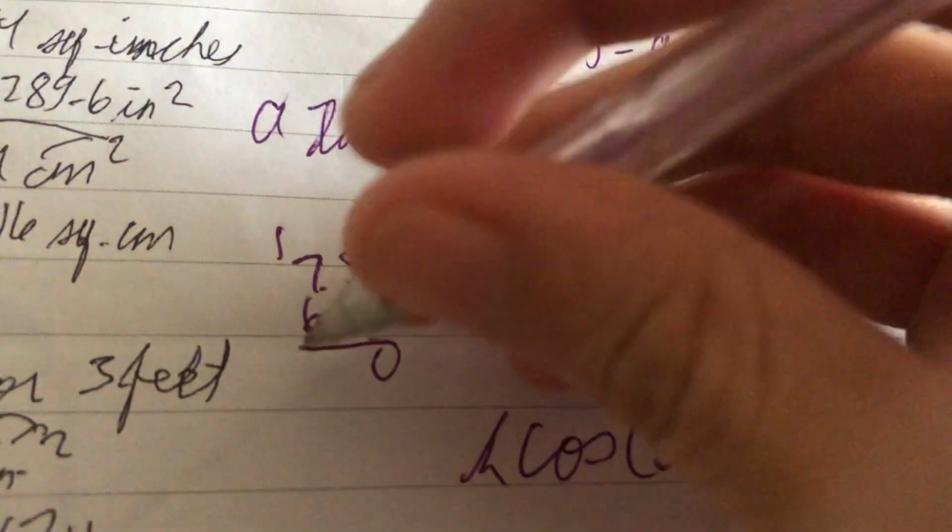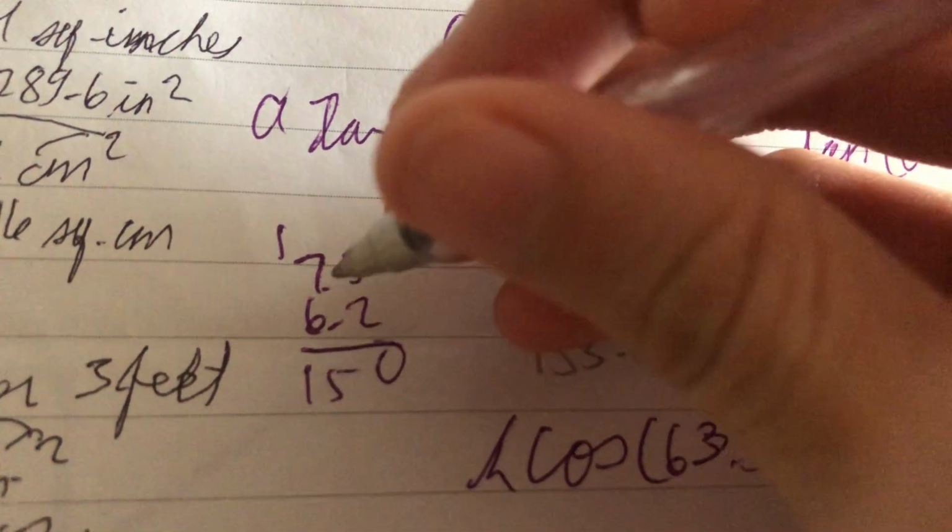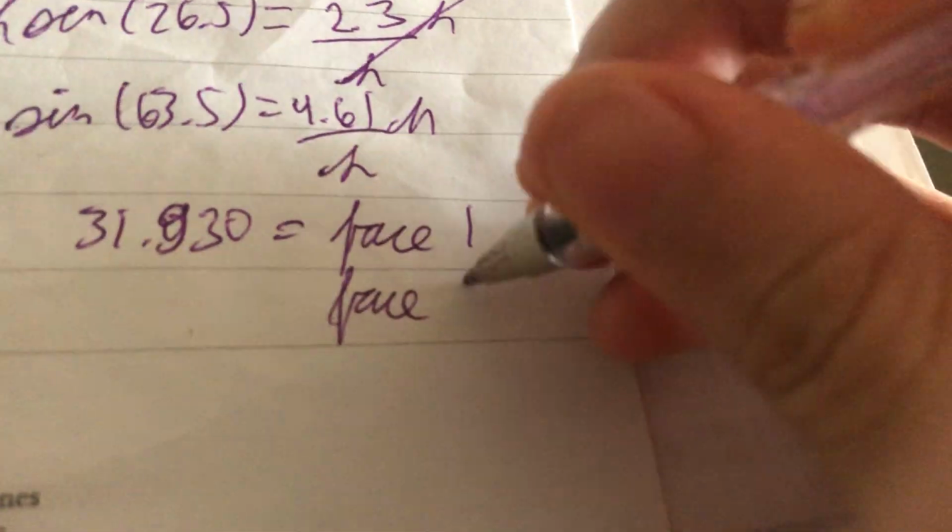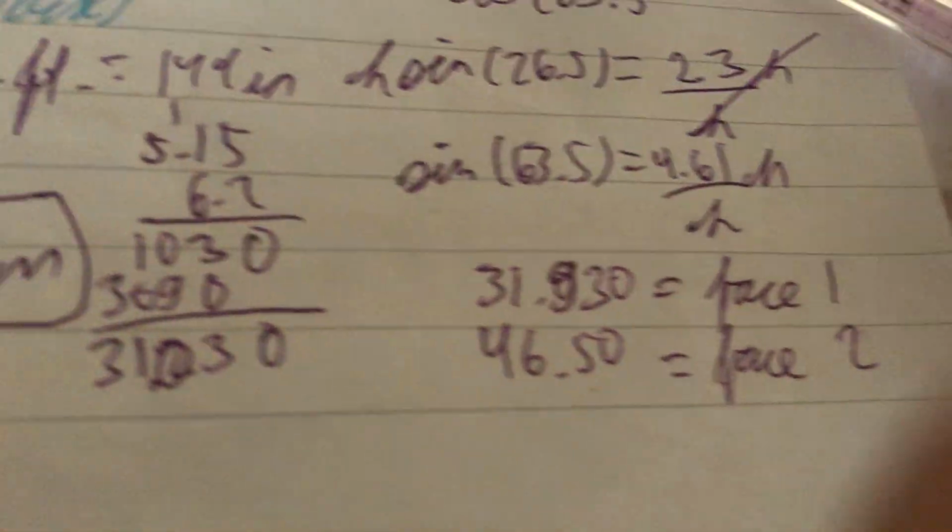Next, for face 2, ganito siya. 7.5 times 6.2. 10. 2 times 7, 15. So, this is, ano yun? 450. 2 decimal places. Okay? Let's check kung tama.